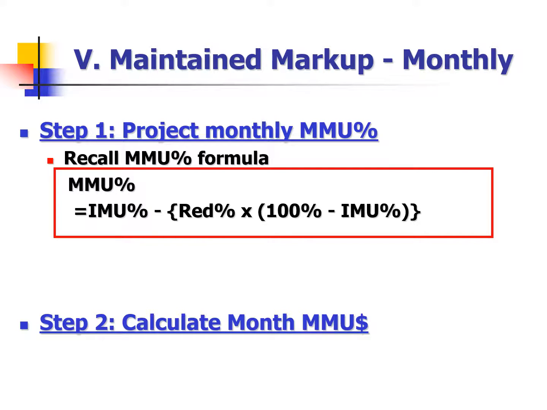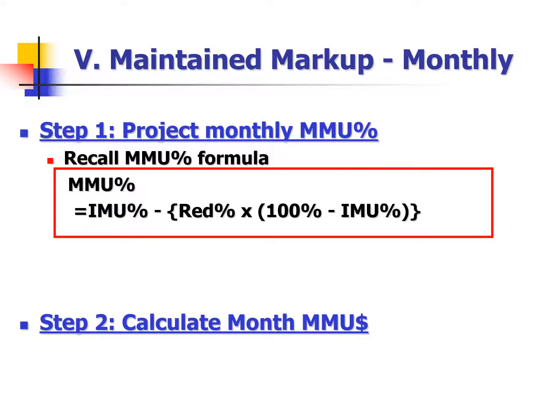First, to plan maintain markup percent, recall the maintain markup percent formula based on the initial markup percent and reductions percent that we have learned under markups before. So maintain markup percent is equal to IMU percent, initial markup percent, minus reductions percent times 100% minus IMU percent. Do you remember this formula? Okay, so we know what the initial markup is. We already used the initial markup to calculate planned purchases at cost from the planned purchases at retail, right?